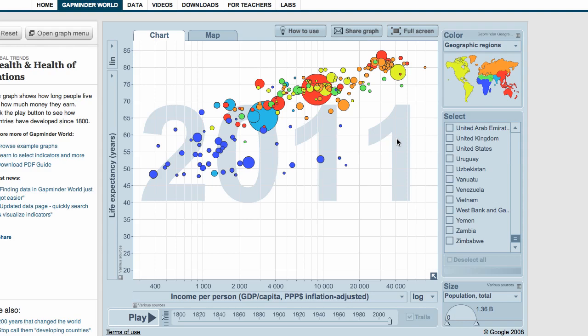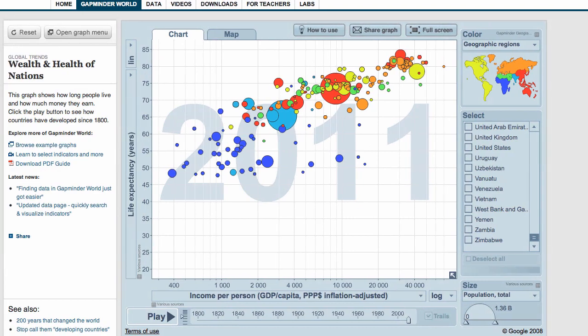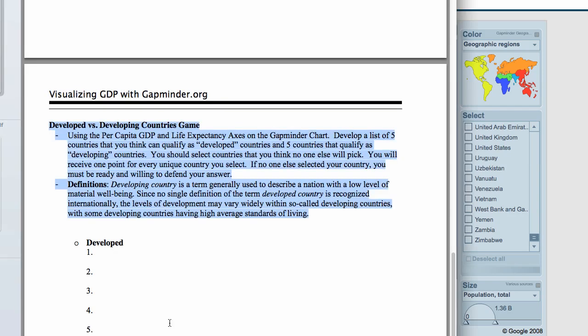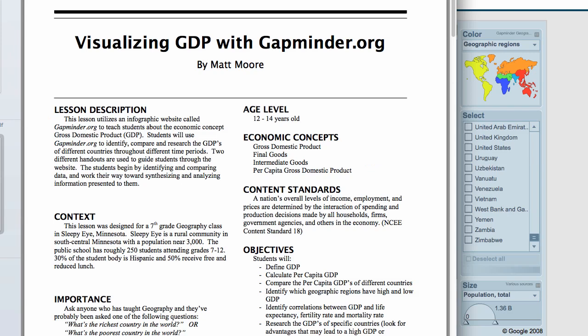And so you're going to be developing a lesson plan that's going to require the students to use a particular database, and again, it's up to you as to which database to choose, to investigate a topic of relevance to your particular curriculum. So, for example, I found one on the internet here by a teacher who is teaching, apparently, middle school students, and he wants them to understand the concept of gross domestic product.